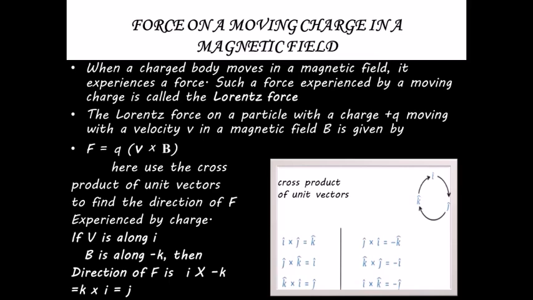Let us practice one more example. If I want to rotate from k cap to j cap, aren't I moving opposite to the circle? Rotating from k cap to j cap, I am left with i cap, and since the rotation is opposite to the direction shown, it will be minus i cap. So k cap cross j cap is equal to minus i cap.